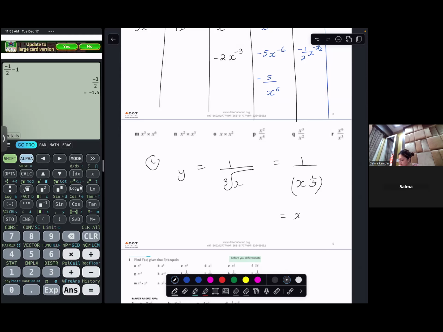So it's going to be x raised to minus 1 by 3. Now dy by dx of this is going to be minus 1 by 3 x raised to minus 1 by 3 minus 1. So it's going to be minus 1 by 3 x raised to minus 1 by 3 minus 1. So it's going to be minus 4 by 3.